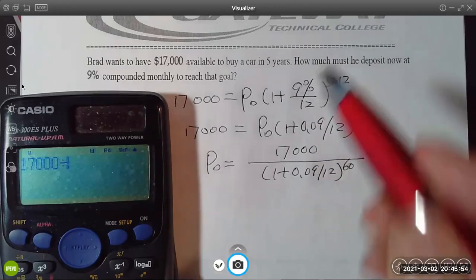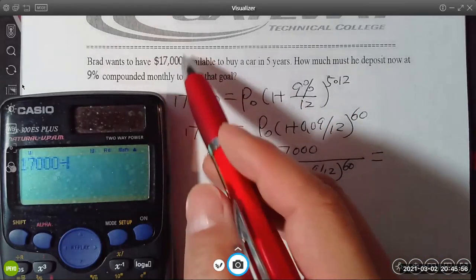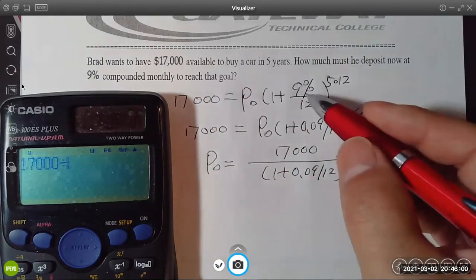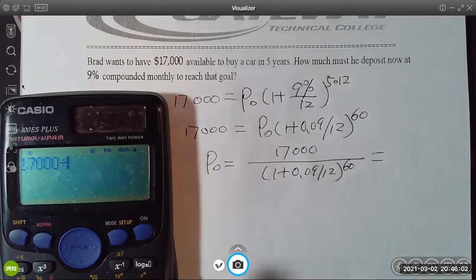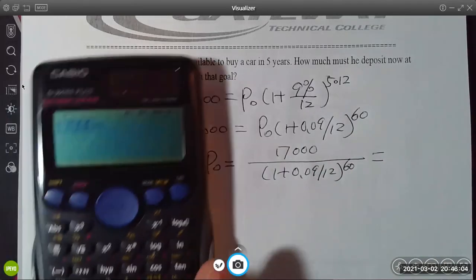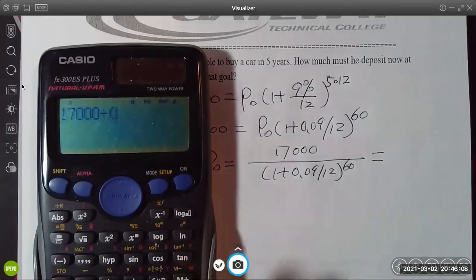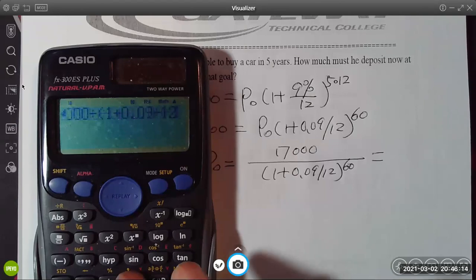In other words, in your total account value in the future, interest gets a bigger portion of it. So 17,000 divided by parentheses 1 plus 0.09 over 12 to the power of 60.